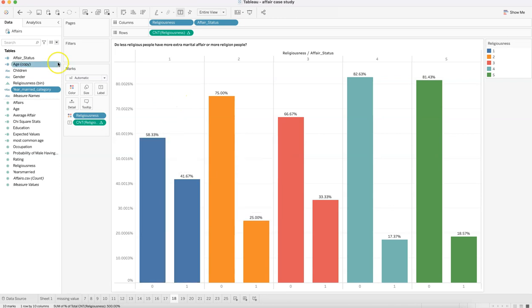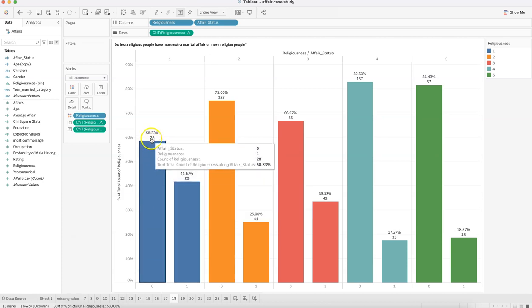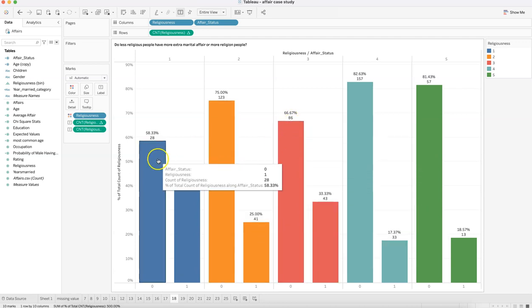So if I bring in the count of religiousness, not the sum, but the count, there are relatively fewer observations compared to the other levels. Overall, we should show this and let the user interpret what they want.